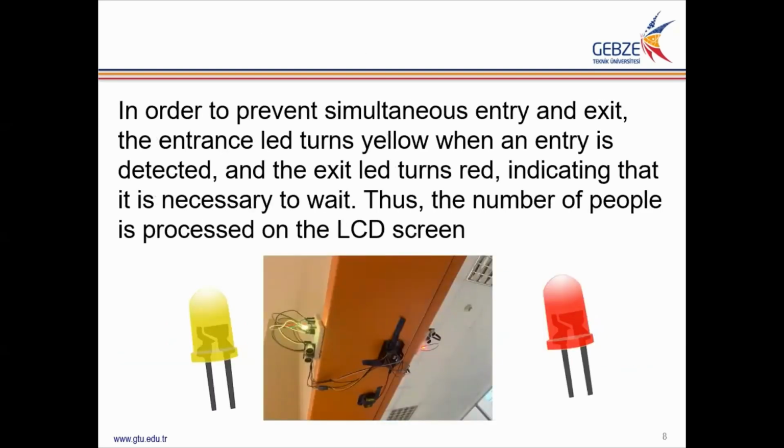When entry is detected, the exit LED turns red and the entrance LED turns yellow. These mechanisms specify that people who want to enter the place should wait until the LEDs turn green. But what happens when a person wants to leave? I will show it in the next slide.